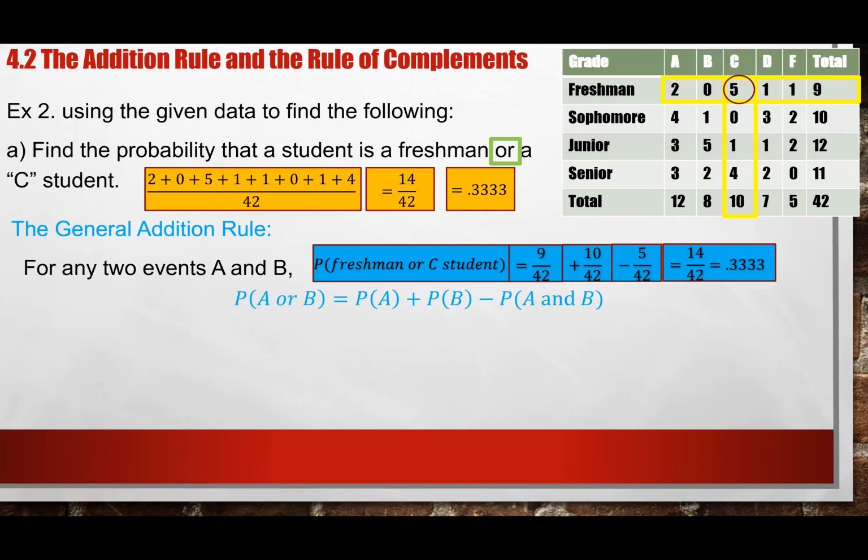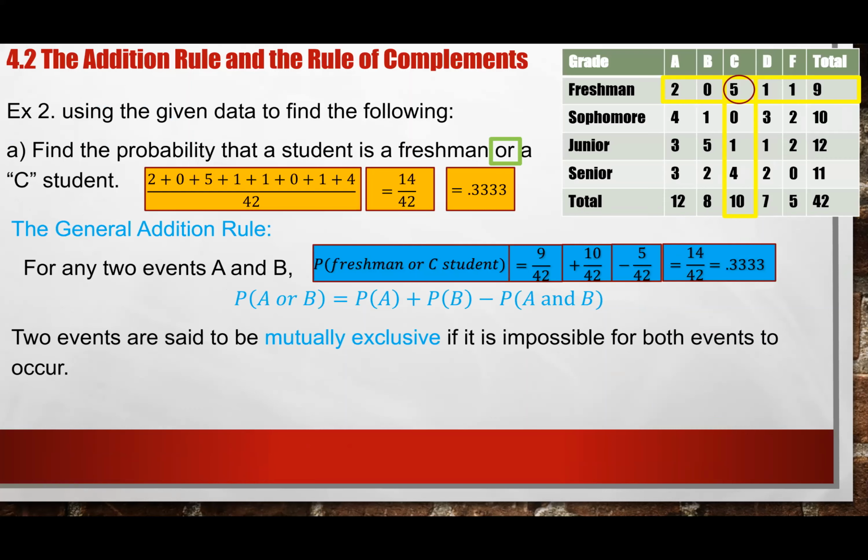And here comes a small rule, the one that we just did, the freshman and the sophomore. Two events are said to be mutually exclusive if it is impossible for them to appear at the same time. If both events cannot occur at the same time, then we say that the two events are mutually exclusive.